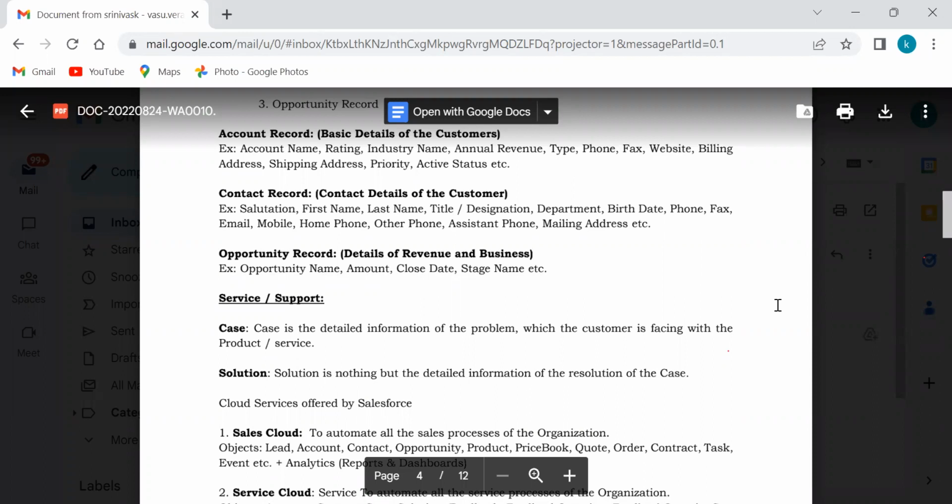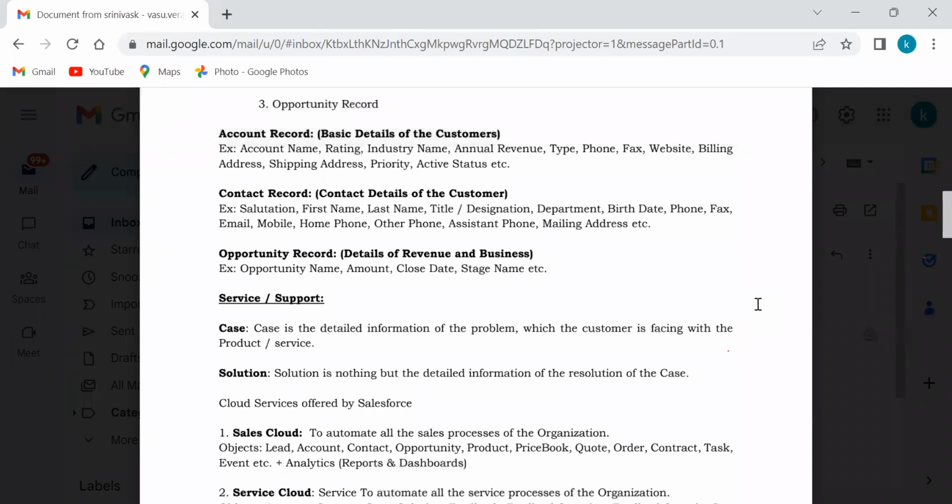He will raise a complaint, or raise a case, by visiting the customer care center or by calling the customer care number. What do you mean by a case? As part of this case or complaint, he'll be providing the detailed information of what problem he's facing with the product.